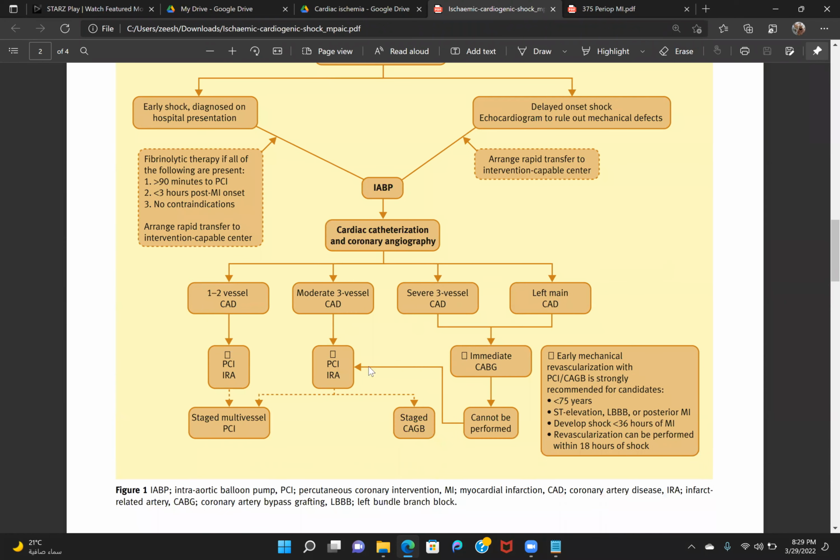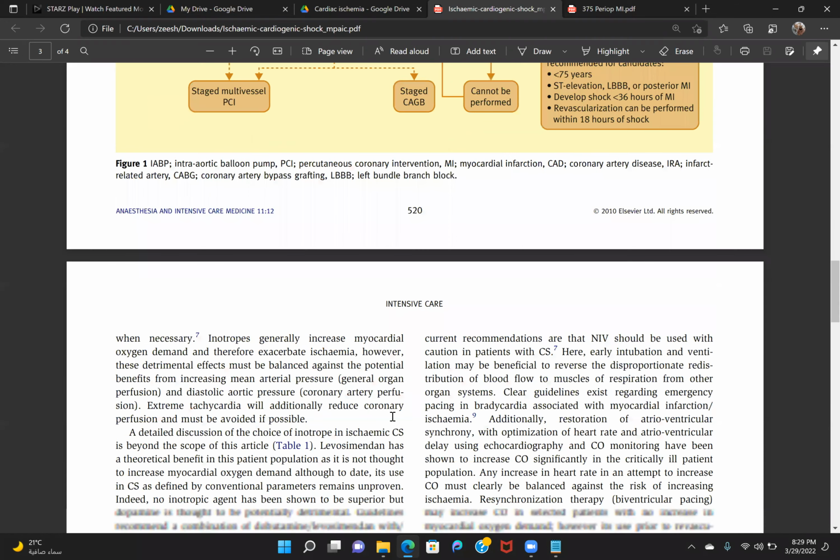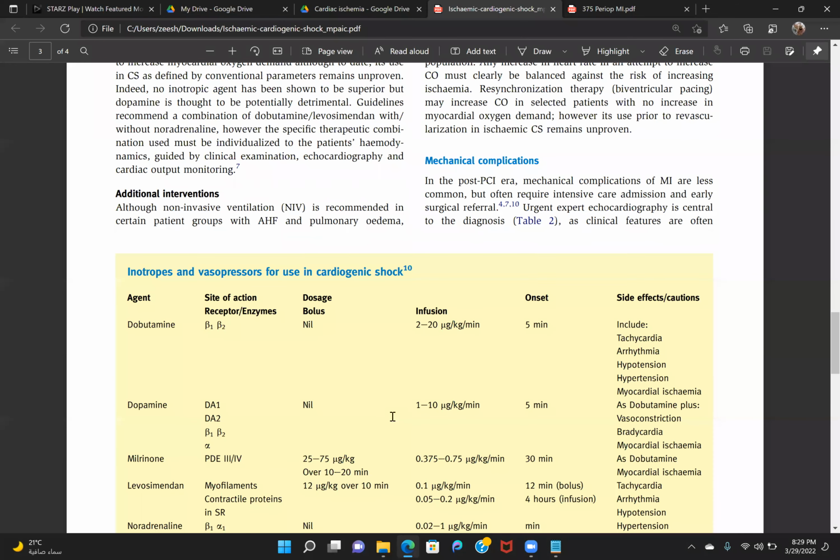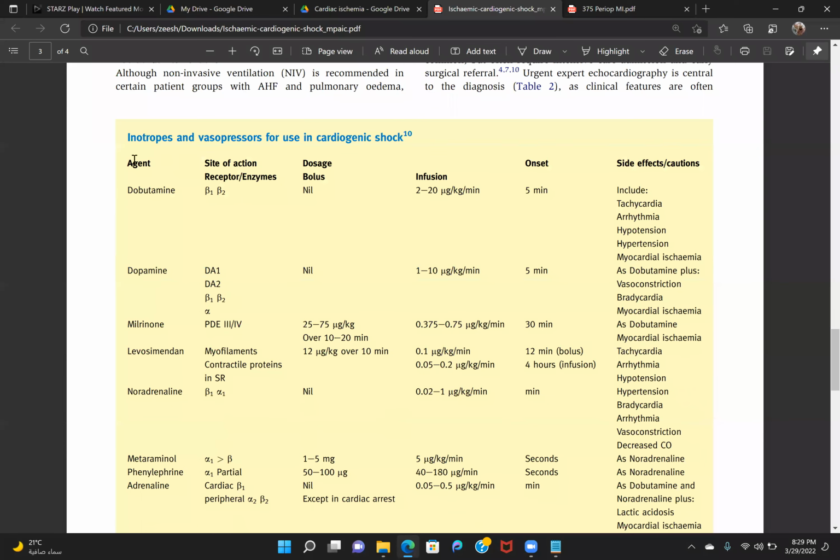These are actually too many details, and you may not be needing to know all these things. Okay, so for inotropic support, you can have dobutamine, but you see dobutamine will be causing tachycardia, so you have to consider the side effects as well.